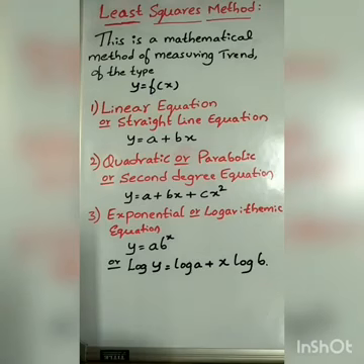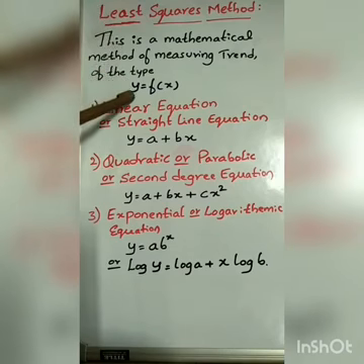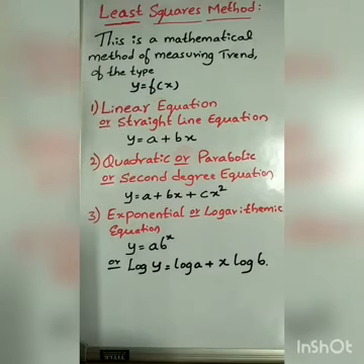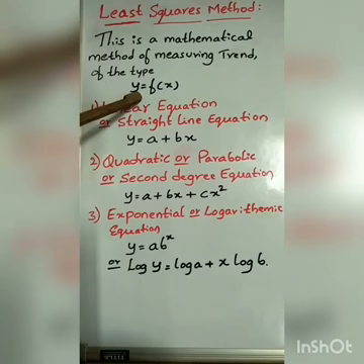This is purely a mathematical or completely mathematical method. Y is equal to f of x in the sense, already, y is a function of x. This function of x may be in many ways. We have been prescribed in our syllabus 3 such function of x in terms of y to solve under least squares method.